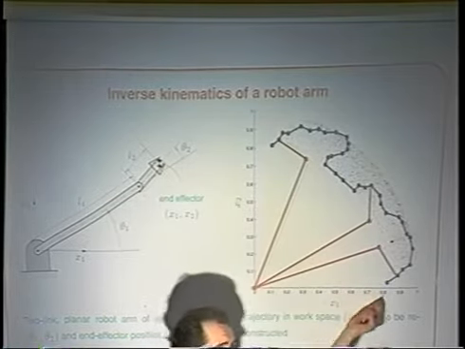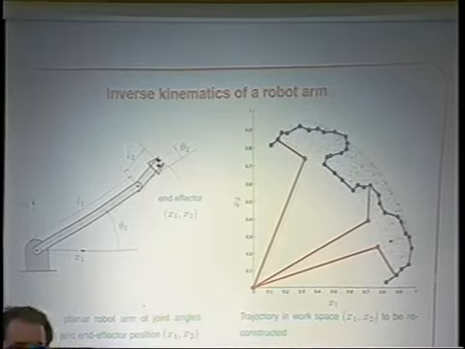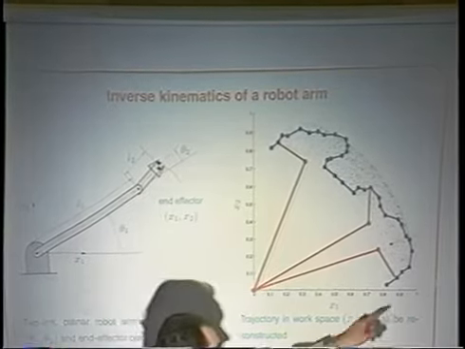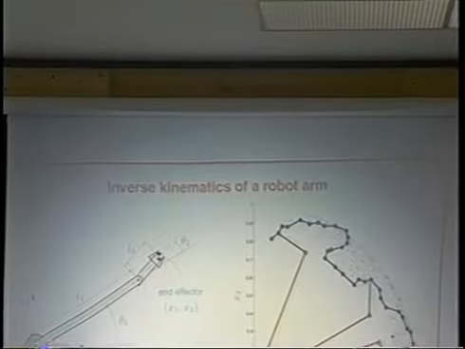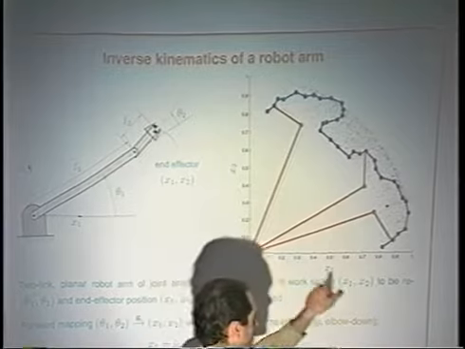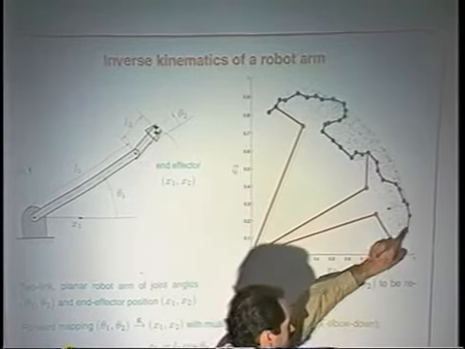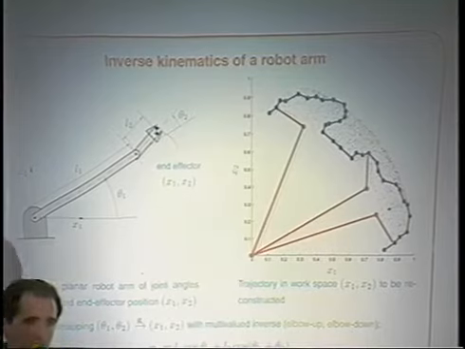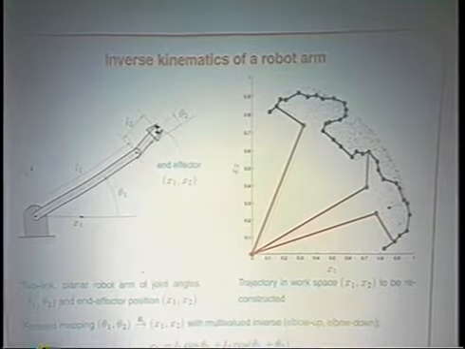Well, I need to know then what the trajectory in joint space is. And because it is multi-valued, there is a problem. At that point there, I can have the elbow up and the elbow down configuration. But if I choose the elbow down configuration, I'm going to get into trouble as I move along, because it will have to change suddenly, and I cannot do that.